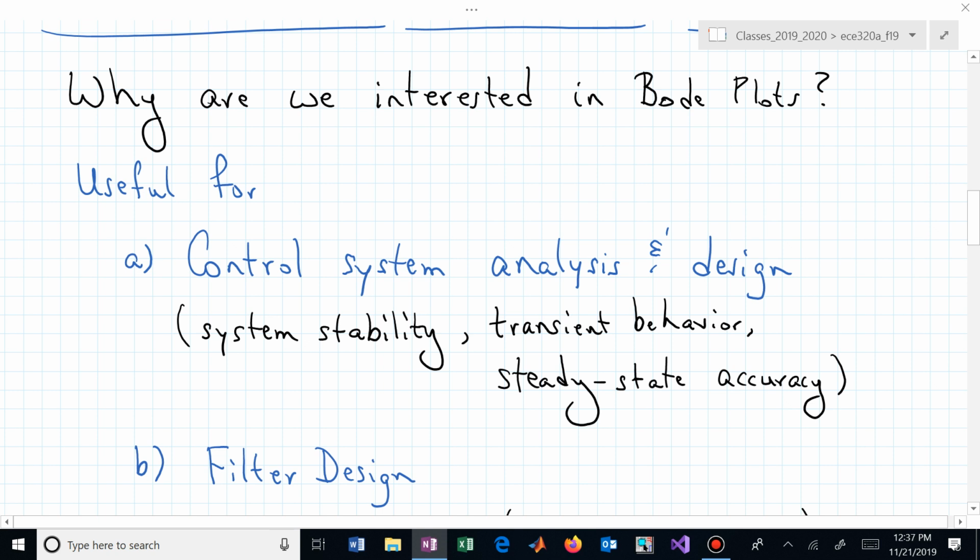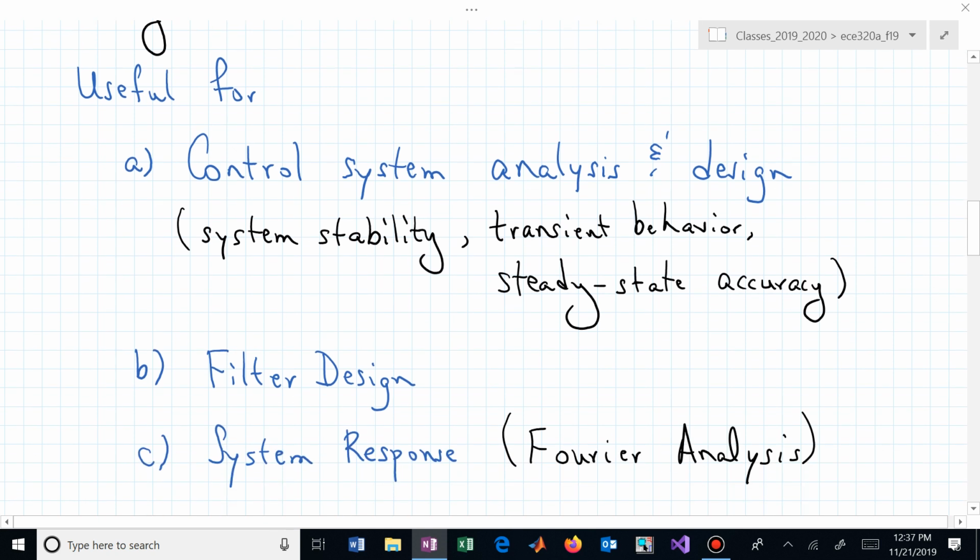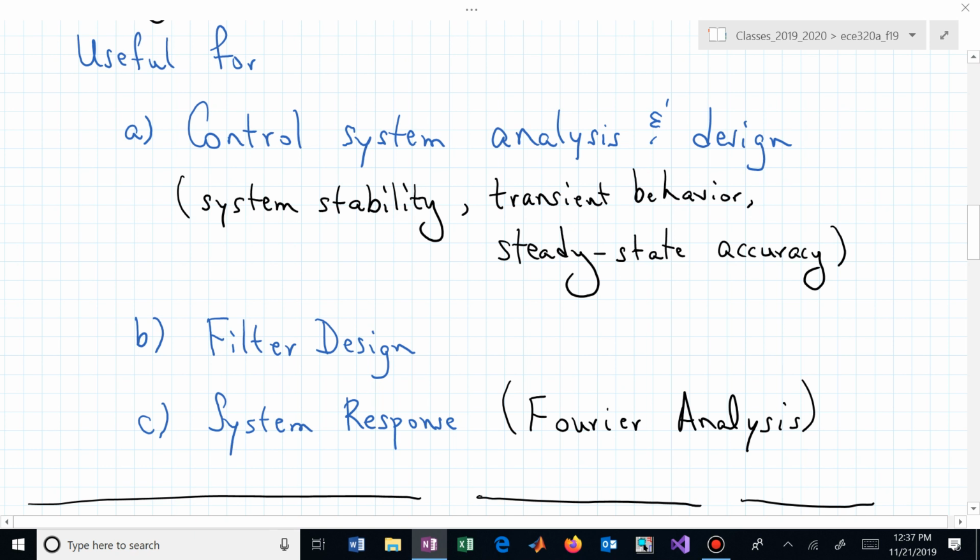I don't expect you to understand all of these use cases. I'm just trying to tell you that these application areas exist, and there are reasons for having a frequency response or knowing the frequency response of a system. In controls, you can play with a lot of information just from the Bode plots. You can determine a system's stability.